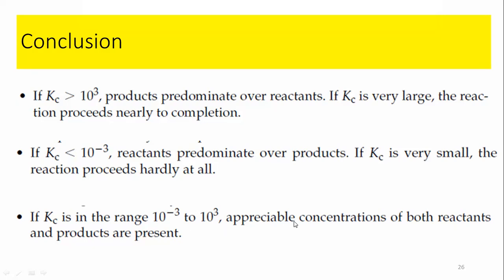That means not the same, but similar concentration of the reactants and the products, both are present. So these two examples I have given to you in the first slide.